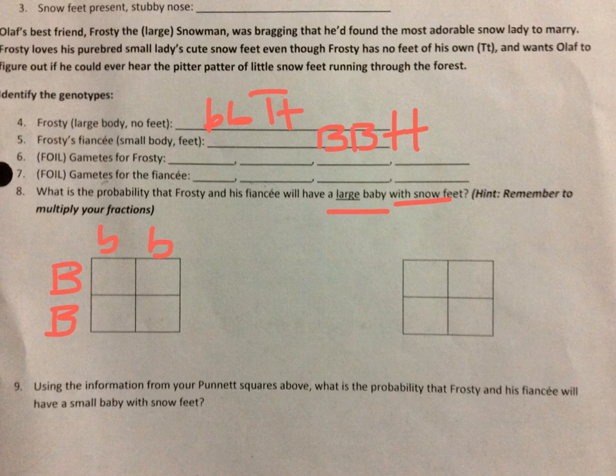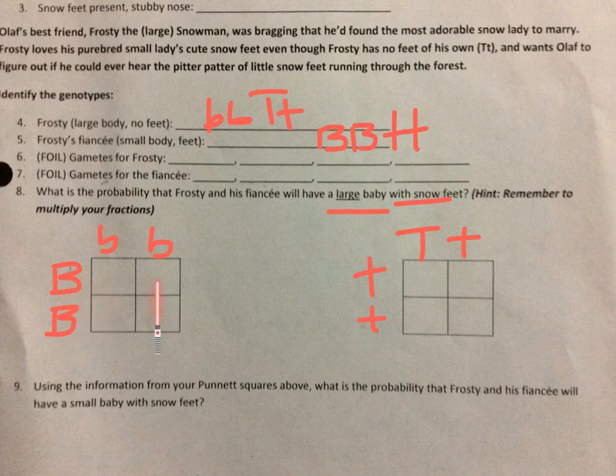Okay, so you should have gotten Frosty, capital T, lowercase t. And his little snow lady, lowercase t, lowercase t. Then you're going to fill in your Punnett square just like you have been doing. So in this case, you're going to match up the capital B and then the lowercase b.